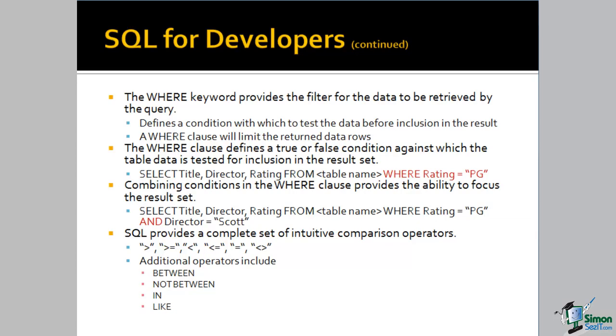In addition to the AND keyword, there is also an OR keyword. And in creating the where clause, we have a complete set of comparison operators, as well as additional operators that work on ranges of values or do wildcard matches. And we're going to see examples of some of these operators.